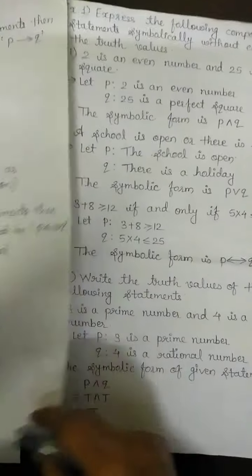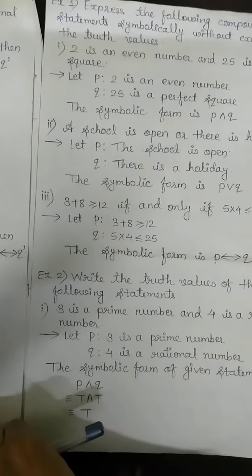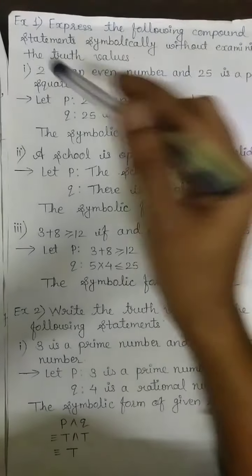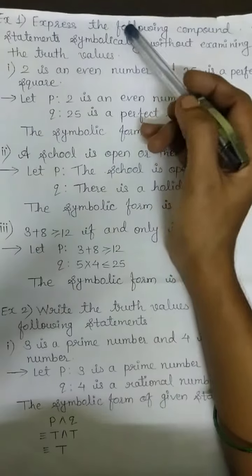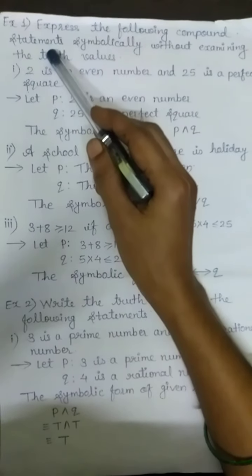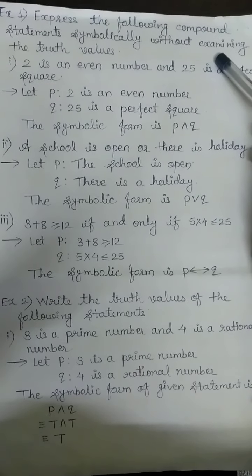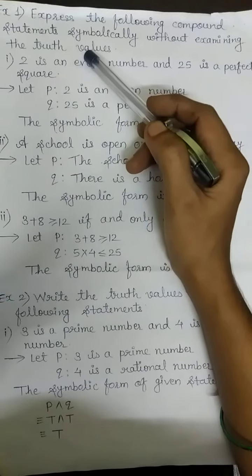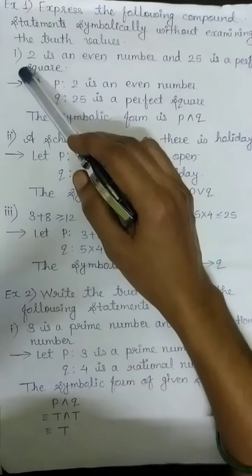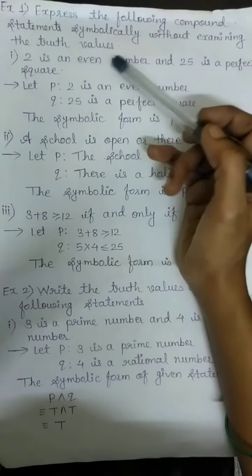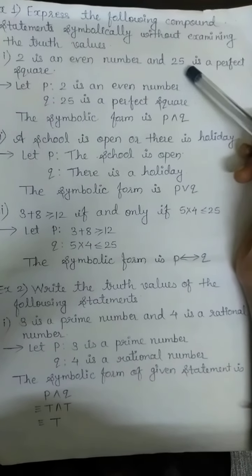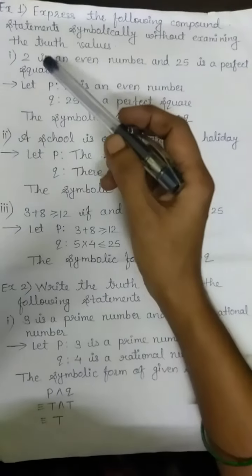Now, we are going to consider a few examples. First one: express the following compound statement symbolically without examining the truth values. First, 2 is an even number and 25 is a perfect square.